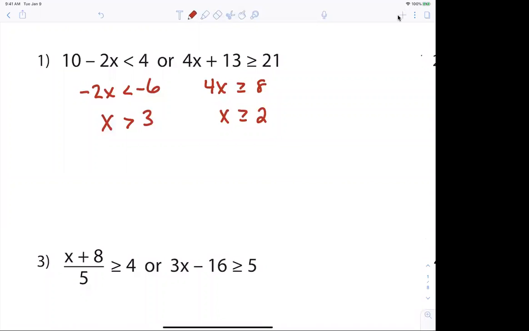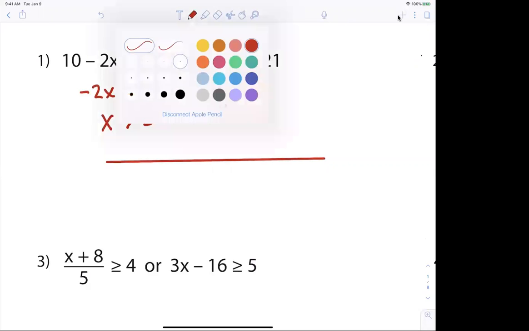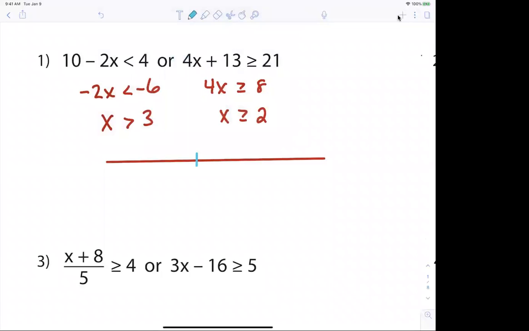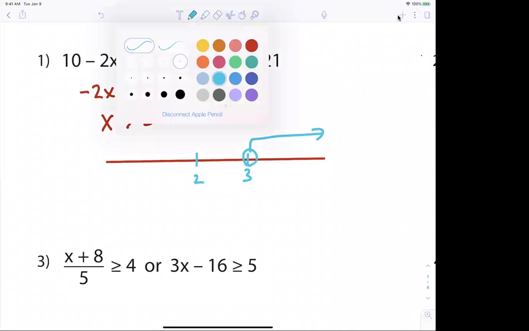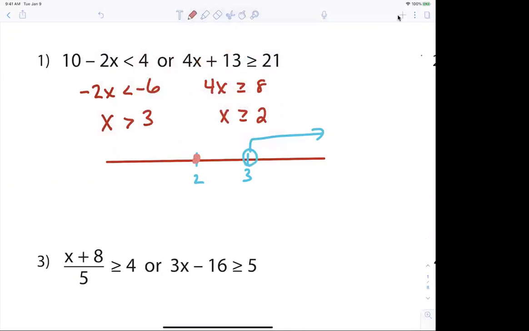Now I need everybody's attention because this is very hard. I'm asking you, what are the numbers greater than 3, or what are the numbers greater than or equal to 2? I always tell my kids, generally, it's easier to look at this on a number line. Here's 2, here's 3. Greater than 3 is this direction, and greater than or equal to 2 is this direction.